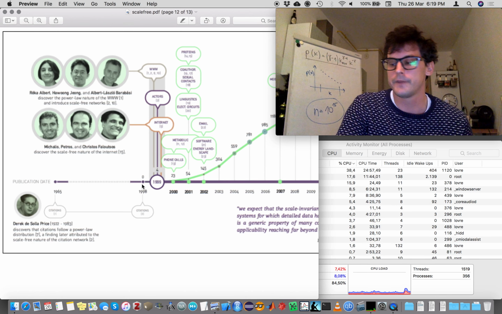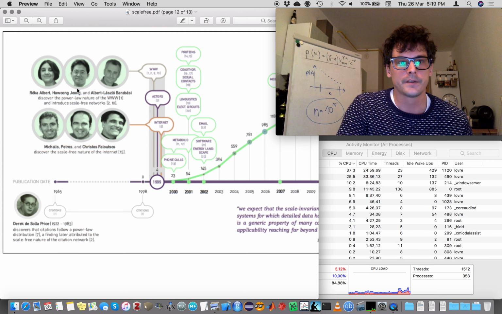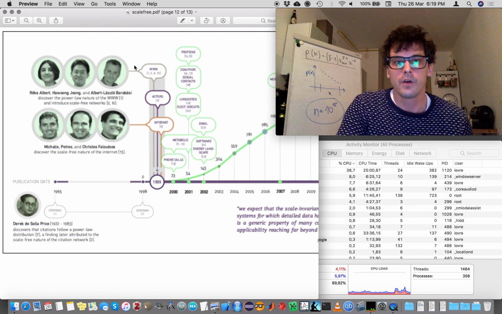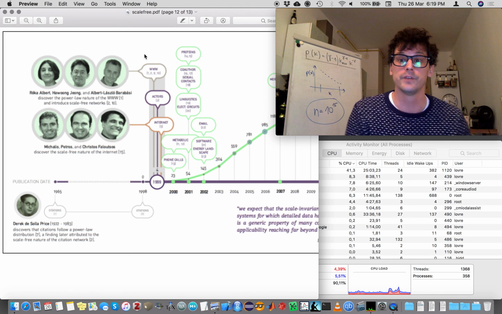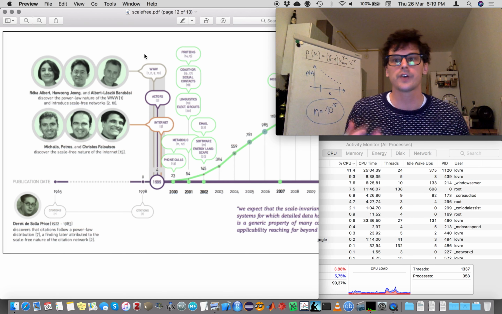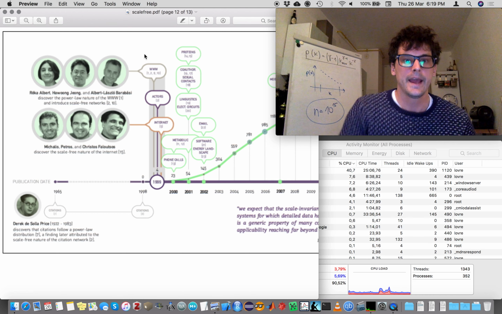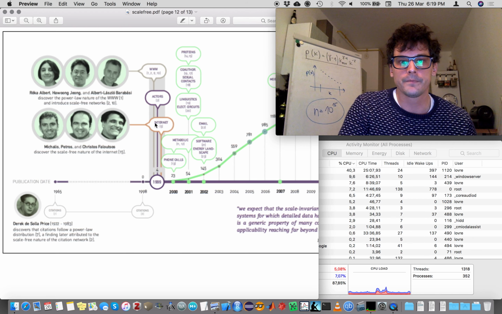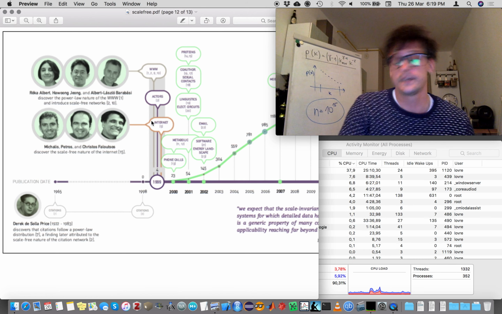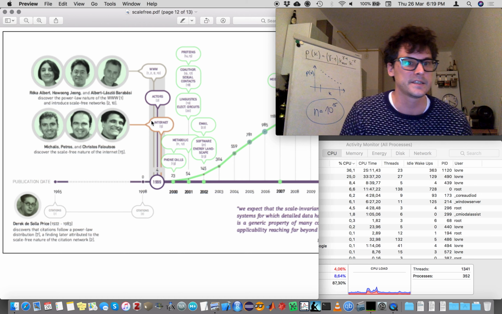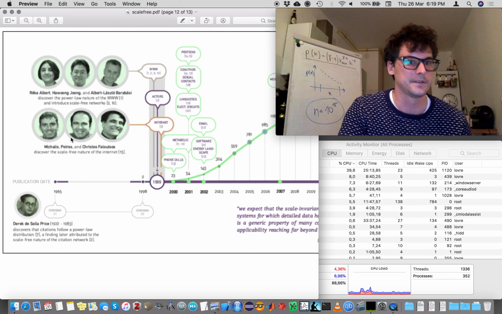Then usually when we talk about scale-free networks, people cite a paper of Réka Albert and László Barabási, where they showed in different real-world networks that the degree distribution really follows a power law, and they also came up with a simple model that explains it, the so-called preferential attachment model. Actually, in the same year, there was a conference paper showing that the internet topology, the internet map, also has a power law degree distribution, and this was published by the three Faloutsos brothers, who are all computer scientists or professors.